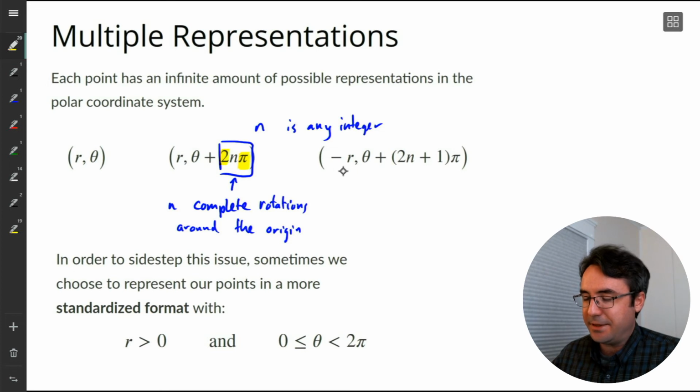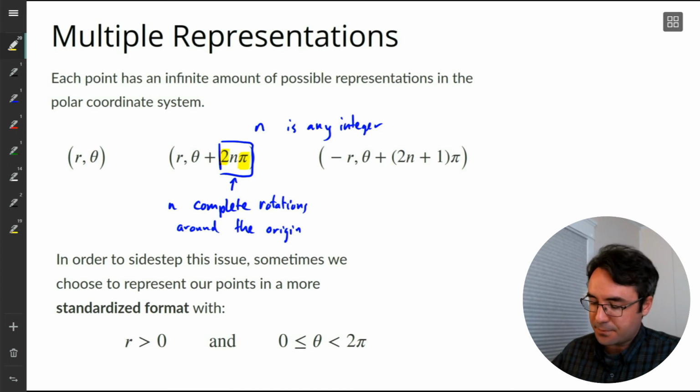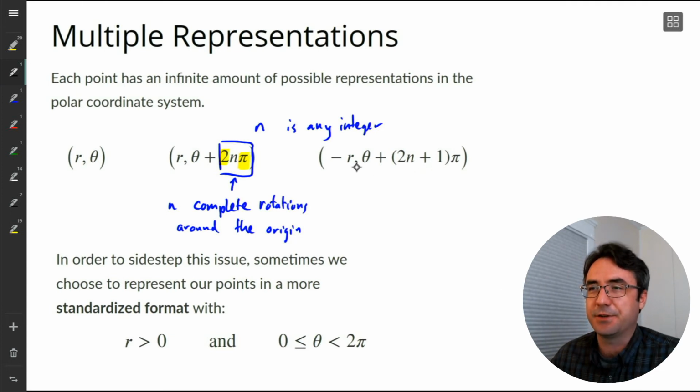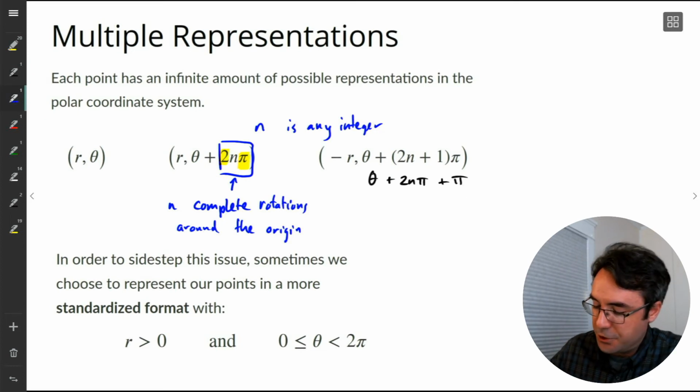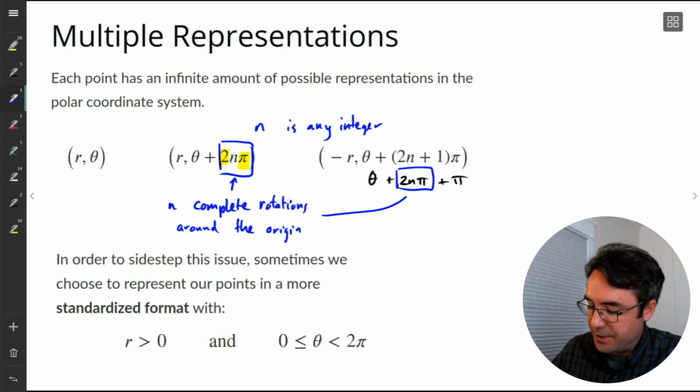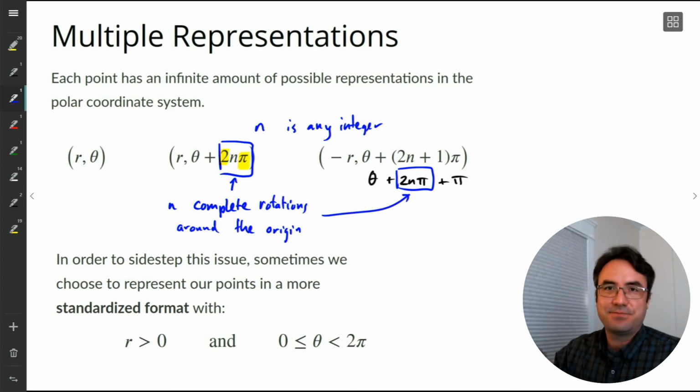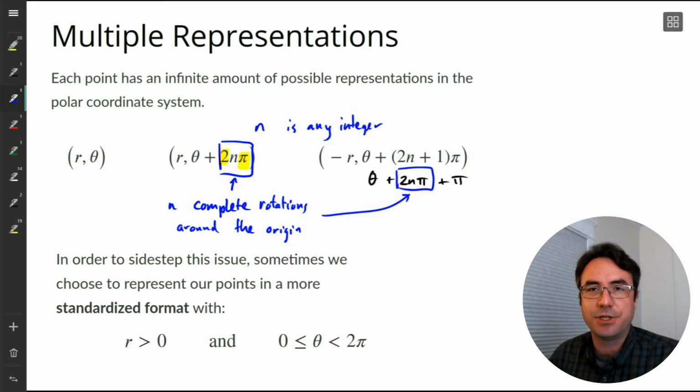Now, if we negate the r value, if we look at this theta value here and do some multiplication, so negative r, theta plus (2n plus 1) pi. If we multiply this out, we have theta plus 2n pi plus pi. So really this 2n pi here is just how many complete times we're going around the origin, and we get back to where we started.